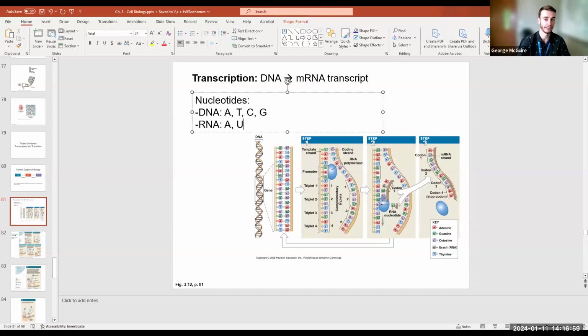Instead of a T, they have U for uracil, but C and G as well.